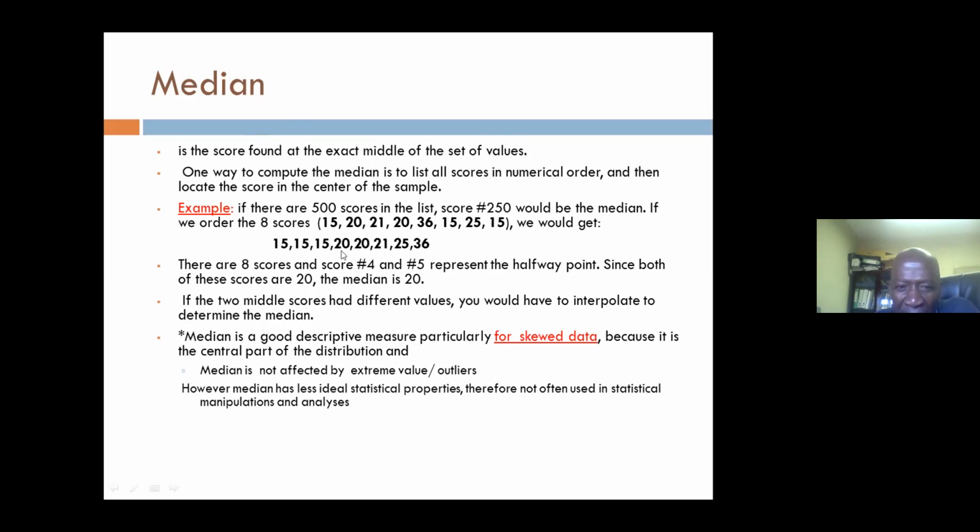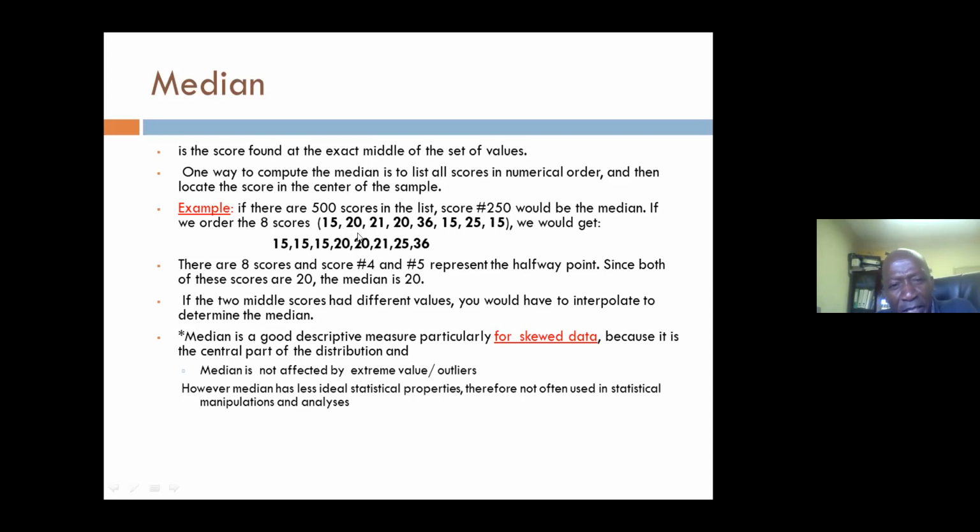So the average or the mean of the middle 2 numbers gives us the median. So usually, if the data set has an even number of observations, the mean of the middle 2 numbers gives us the median.